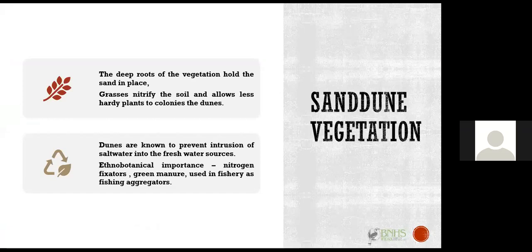Some vegetative species have ethnobotanical importance: they are used as nitrogen fixers, some in green manures, or in fishery as fish aggregators.